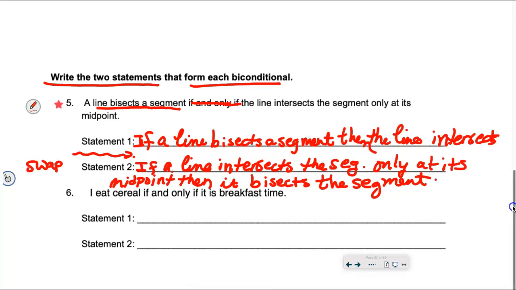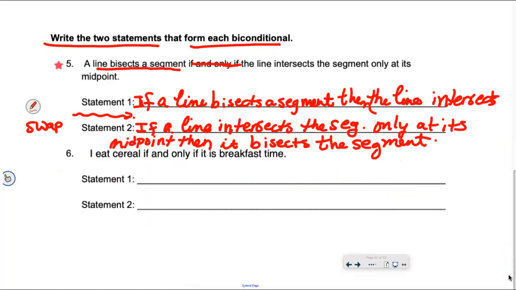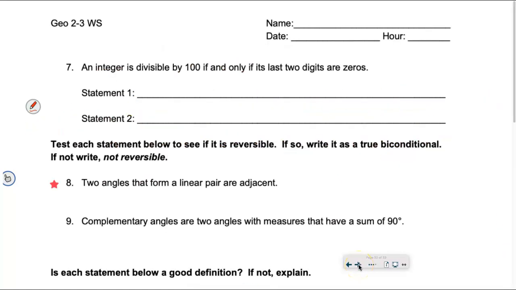Alright, so I did one with you where you had to write it, and one where you had to take it apart. And now we'll do number 8. Test each statement to see if it is reversible. That means if you swap it or write the converse, is it true? If two angles are a linear pair, then they are adjacent. True.